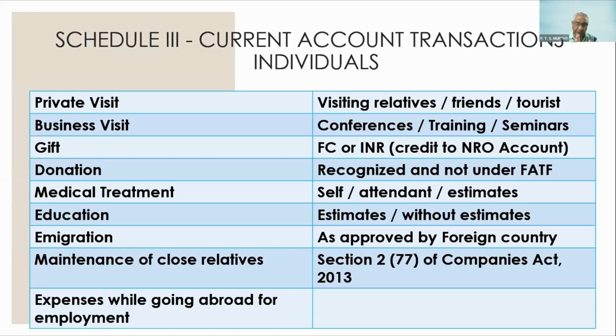Now, what are the capital account transactions for which I can use the LRS scheme? Remember those 4. For opening accounts abroad, for investment in foreign securities, for acquiring property abroad, for investment in overseas direct investments. These 4 categories are categorized as capital account transactions. We can use this $250,000 for remittance.